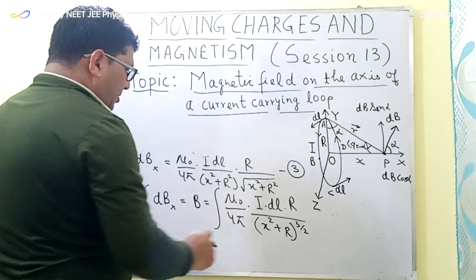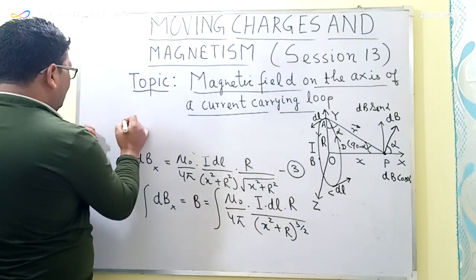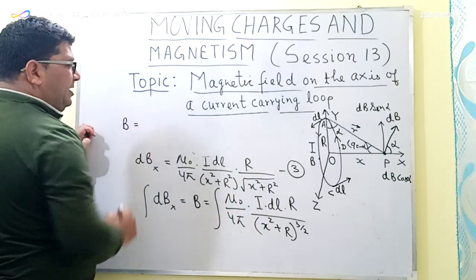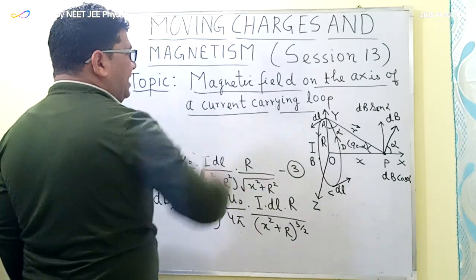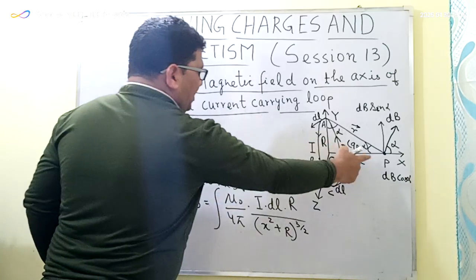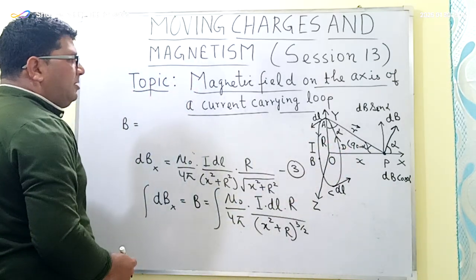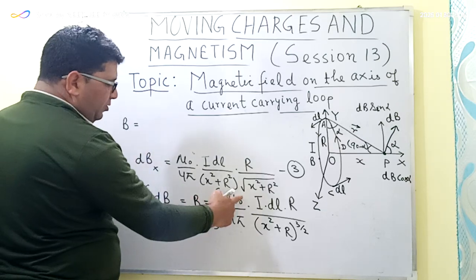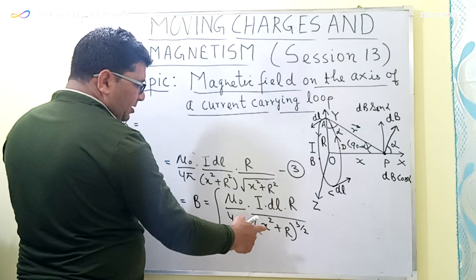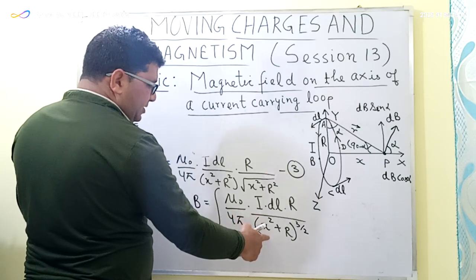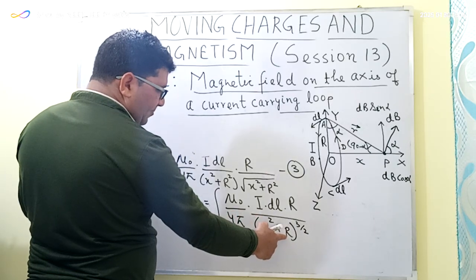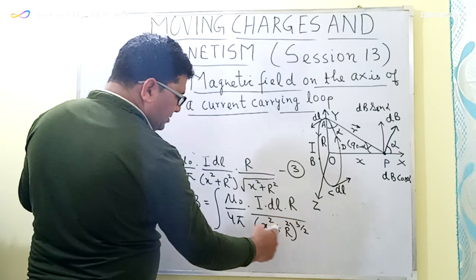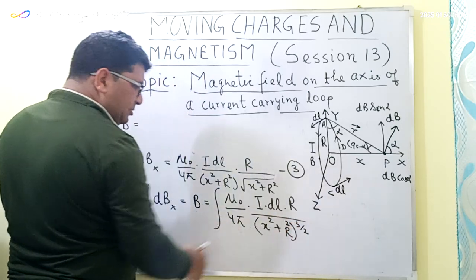Now by integrating this value, the total magnetic field due to this current carrying loop at the point P, which is lying on the axis of the current carrying loop, will be equal to mu naught upon 4 pi. I is constant, x is also constant, r square is constant, and (x square plus r square) to the power 3 by 2 is also constant.